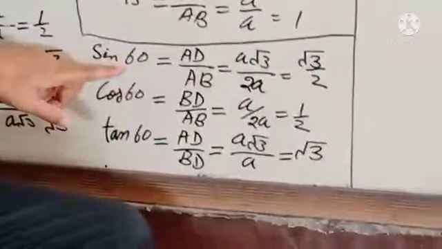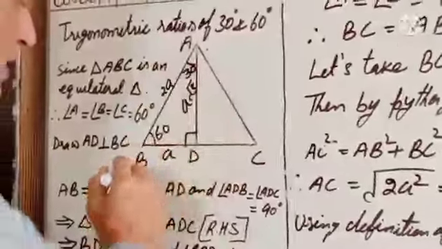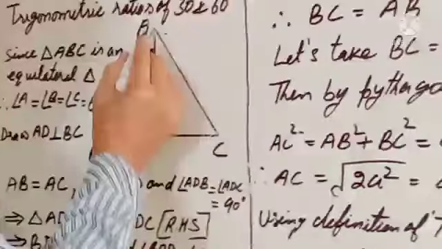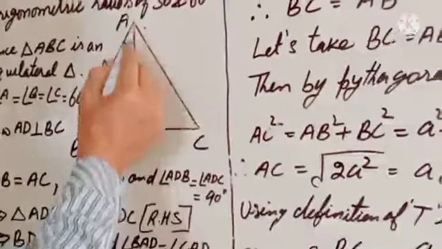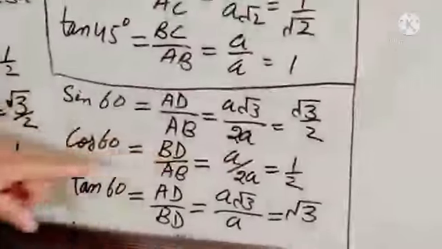60 now. See, again, look here. Now, sin 60 is AD upon AB. That gives us, when you put their values, root 3 upon 2.